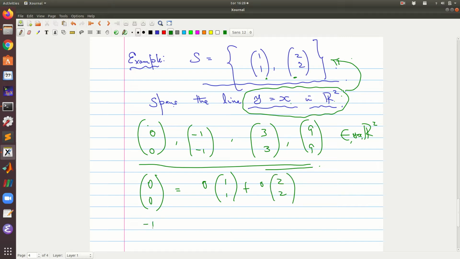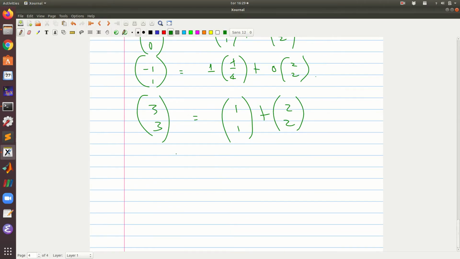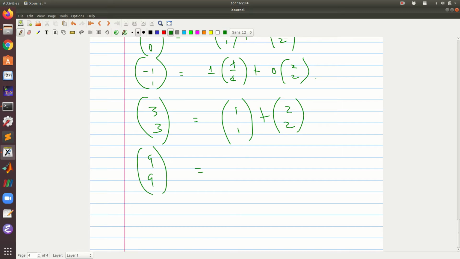This one here, (-1, -1), can be written as a linear combination of the vectors in S. We simply have negative 1 times (1, 1) plus 0 times (2, 2). The other vector (3, 3) can be written as a linear combination of the vectors in S. The other, (9, 9), can also be written as a linear combination.